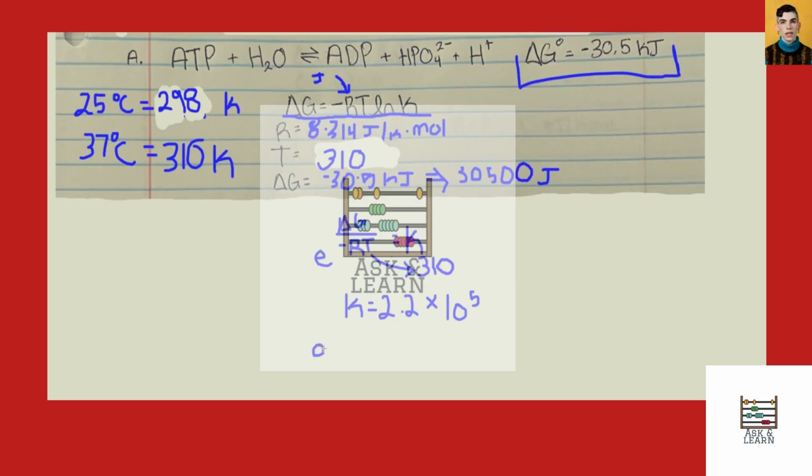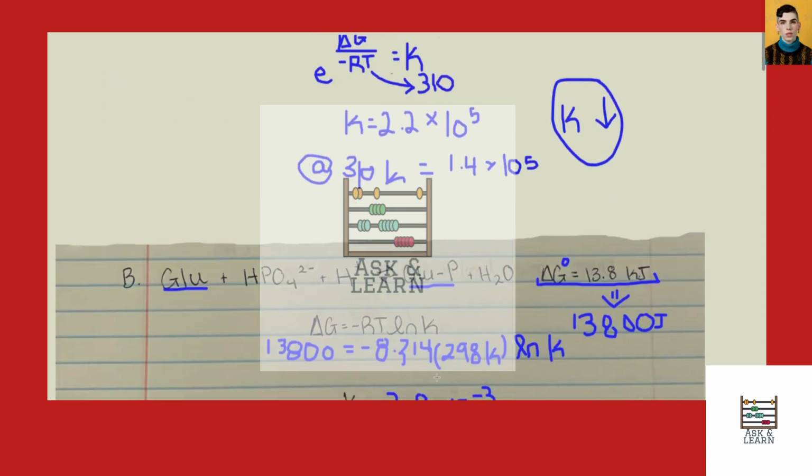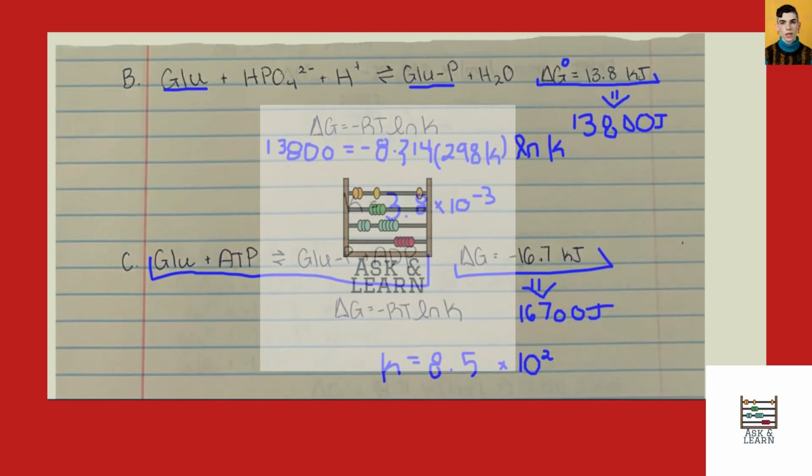And from that, you should get at 310 Kelvin a K of 1.4 times 10 to the fifth. So as you can see, our K is decreasing. And we're going to do the exact same thing for the other two.